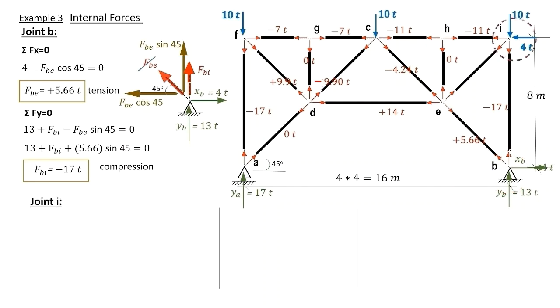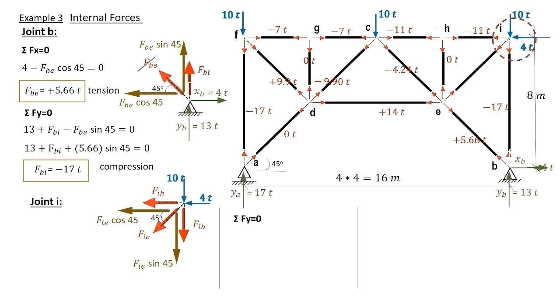Finally, we have joint I. We extracted it here with the external blue forces and the internal red forces. We already have minus 11 tons and minus 17 tons for IH and IB respectively. So the only unknown here is IE. We analyze it into the horizontal and vertical components, and we take sigma forces in the y direction equals 0.